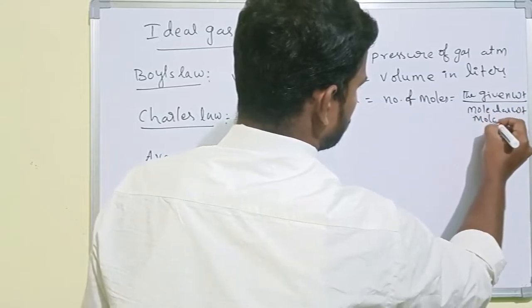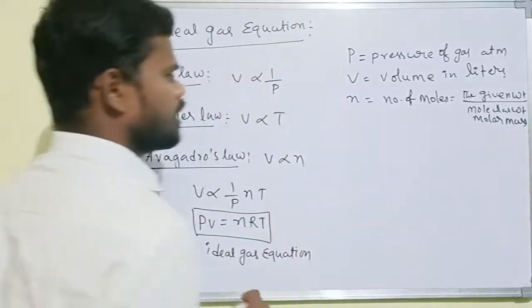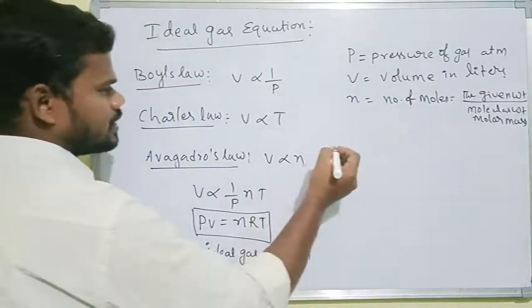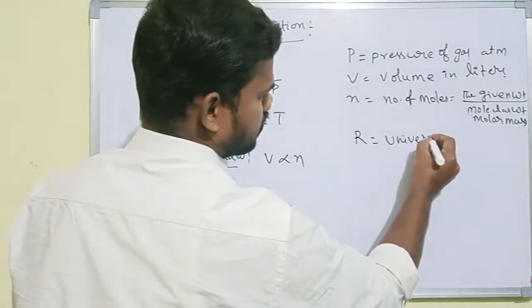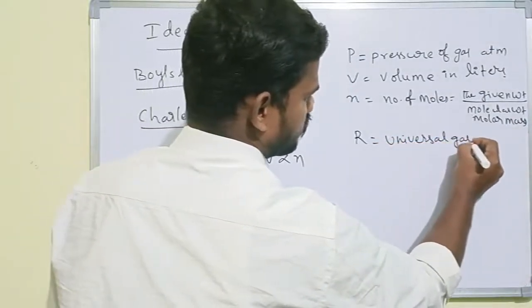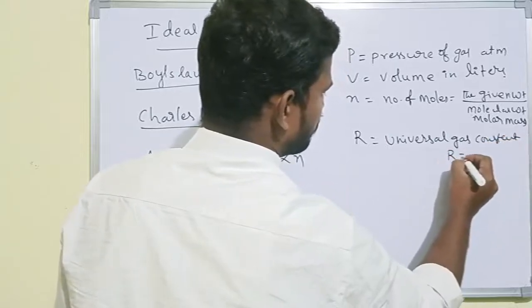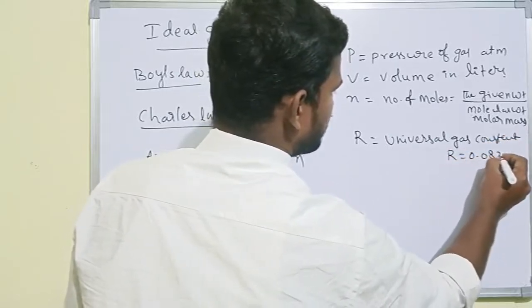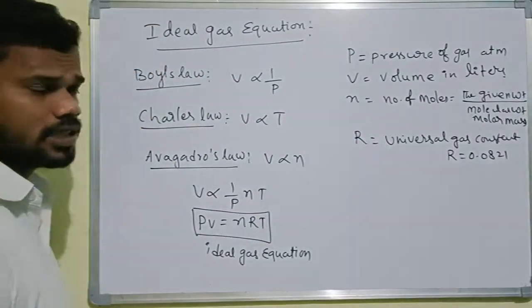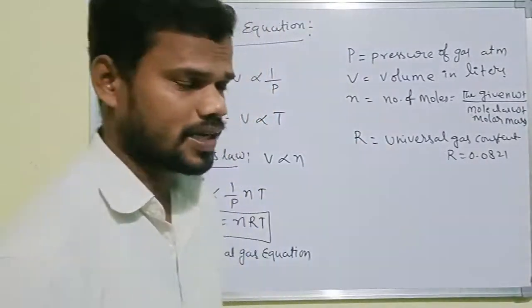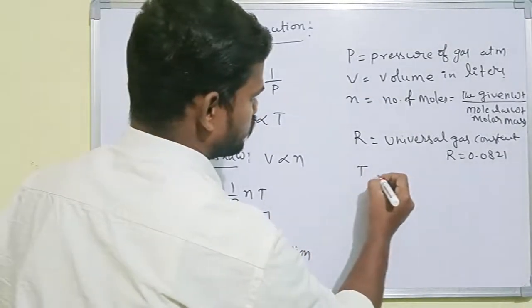R is the universal gas constant, and its value stays constant. In most cases we use the R value 0.0821 in these gases.